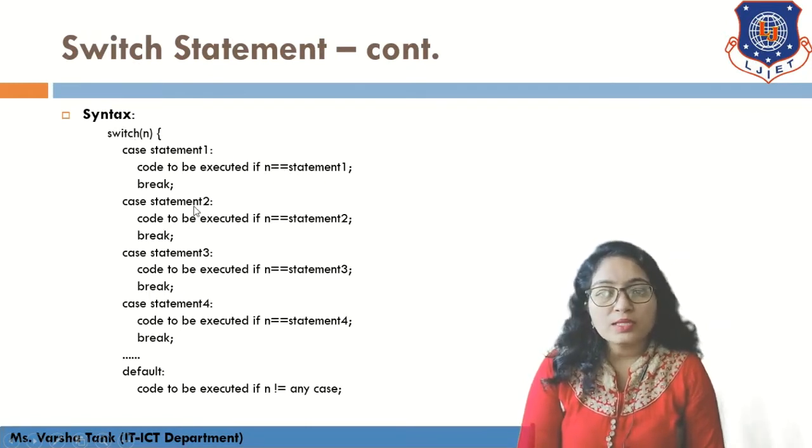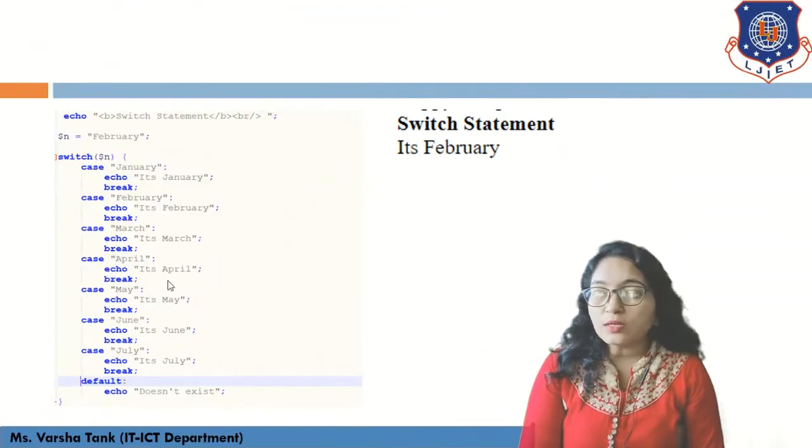In the same way, case statement 2, code to be executed if n is equal to statement 2. So likewise, it will check each and every case that you have defined. And if no match is found, then the default statement will be executed: code to be executed if n is not equal to any case. Okay, so let's see the example for this.